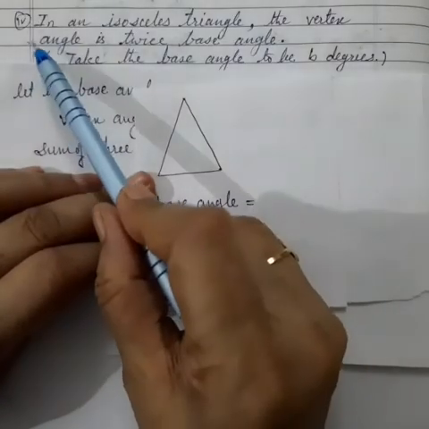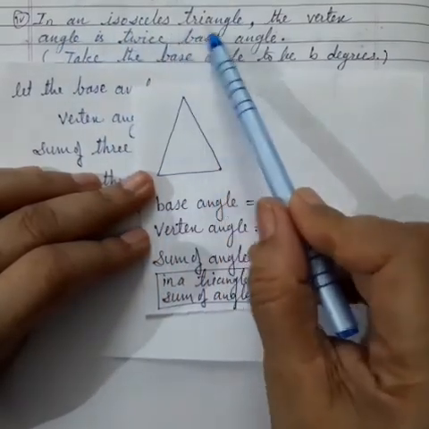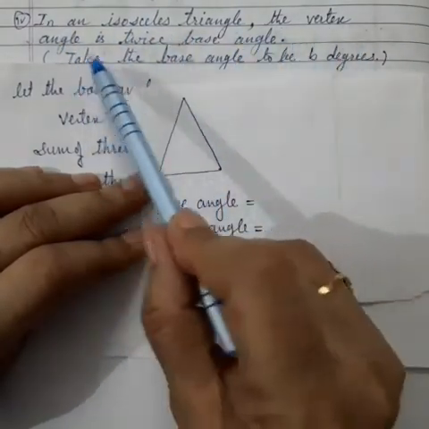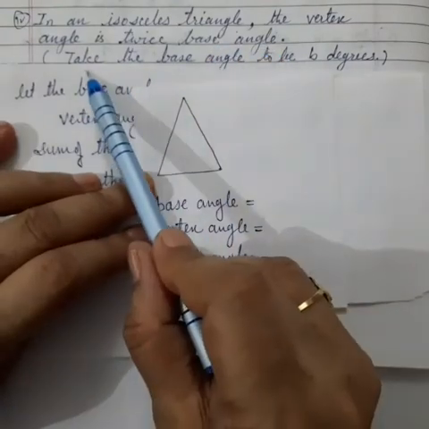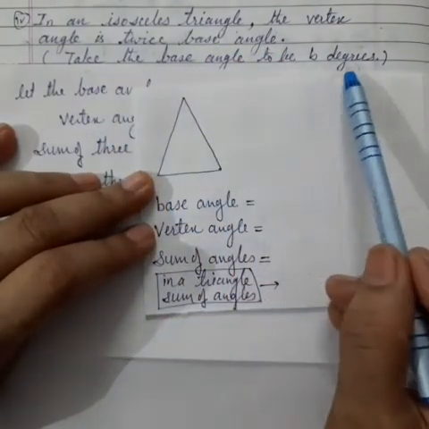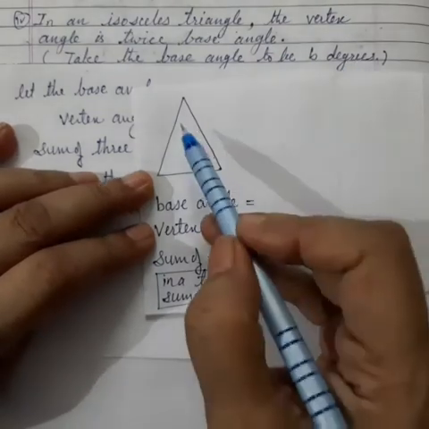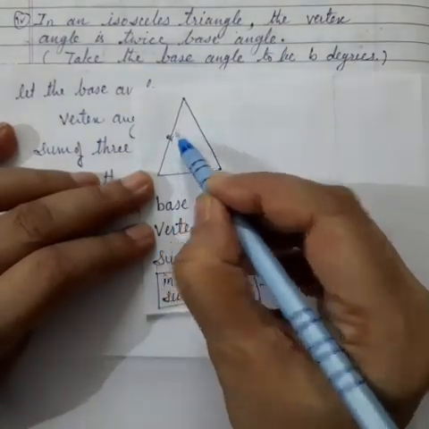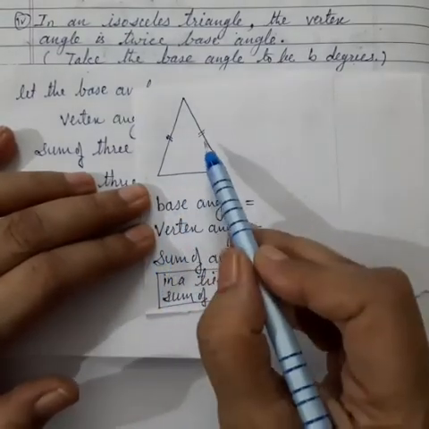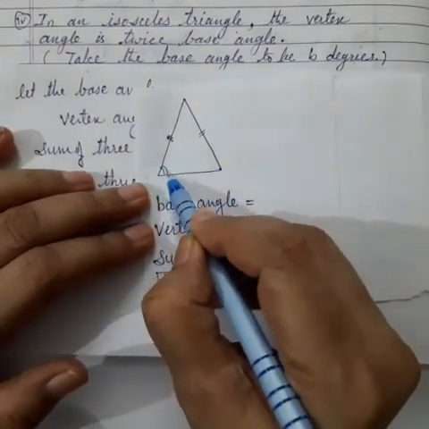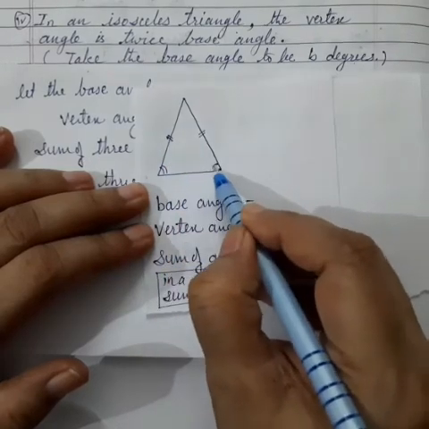Coming to fourth case. In an isosceles triangle, the vertex angle is twice base angle. And take the base angle to be B degrees. Now see, isosceles means a triangle having two sides equal. And the angles in front of equal sides, they are also equal.